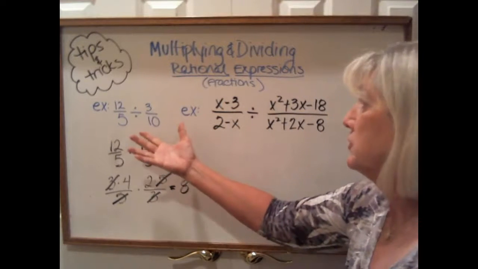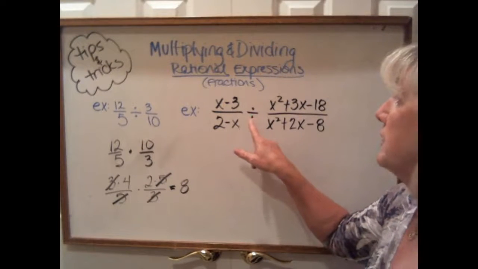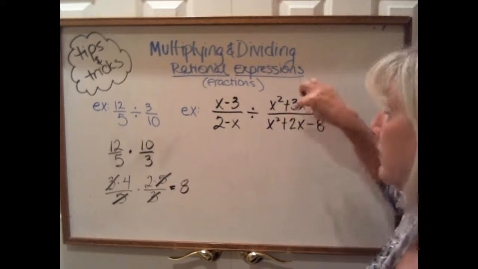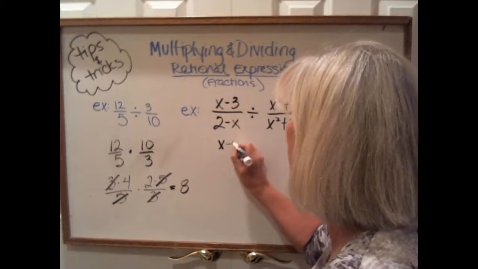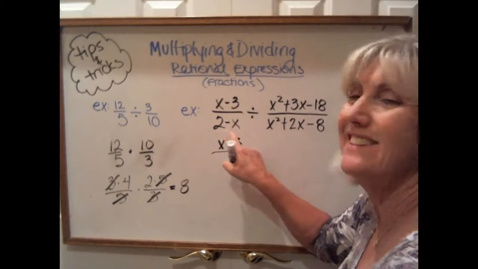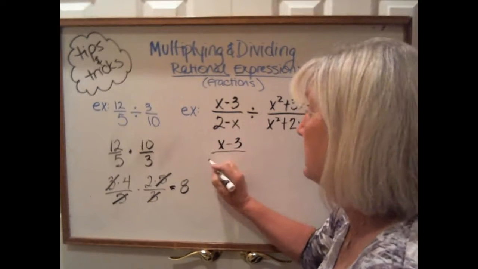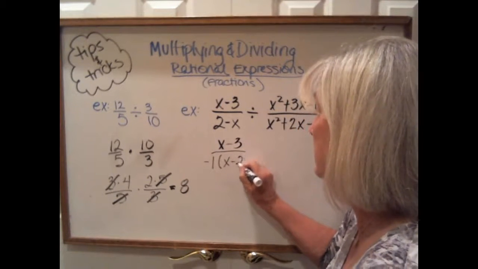So now we're going to transfer this into polynomials. First of all, you're going to notice that there's a division sign, so we are going to flip over the second term. So it's going to be x minus 3 divided by, and just right now I see that this is kind of in the wrong order. So I'm going to do that trick where I factor out a negative 1 and turn it into x minus 2.